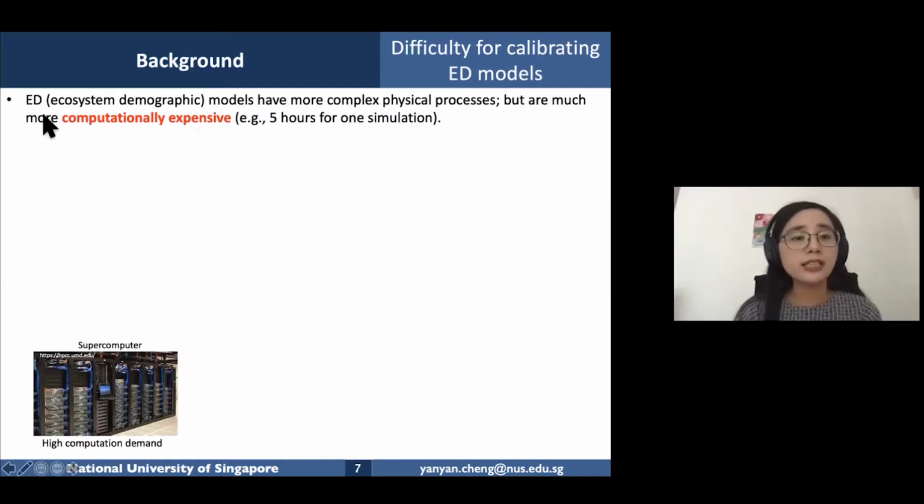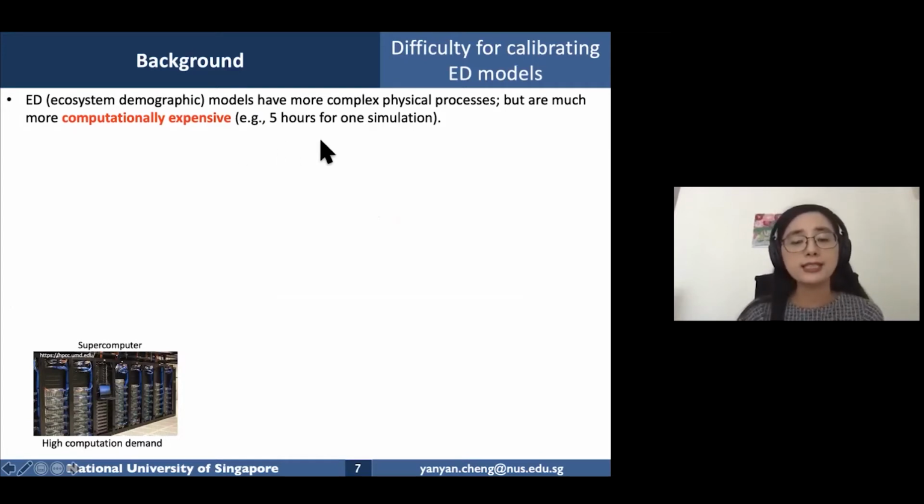So these new ED models have more complicated physical processes, which correspond more closely to what's happening in the real world. But at the same time, these more complex physical processes also introduce new challenges. They are more computationally expensive. I'll give you a very simple example.